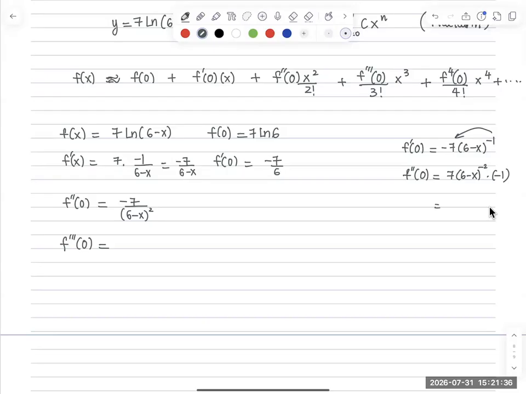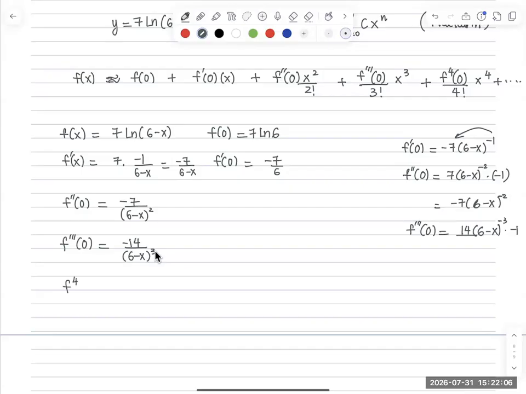So we will have 6 minus x to the negative 2. So f triple prime will be positive 14 times 6 minus x to the power negative 3 times negative 1, so negative 14 over 6 minus x to the power 3. Then you can see the numerator is always the coefficient times the power, and the power increases by 1.